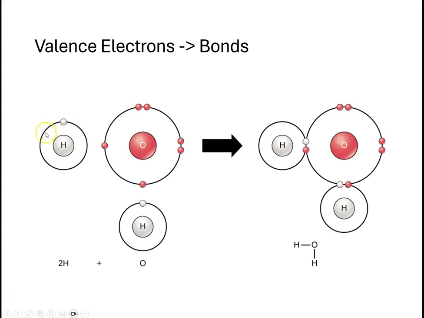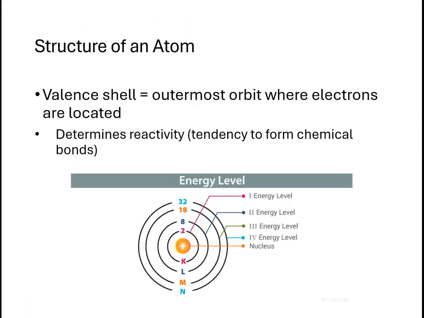Because that outer shell of electrons in the oxygen and in the hydrogen do not have the maximum number of electrons that could possibly be in that shell, they're pretty reactive. They want to find more electrons to form a bond so that they are more stable. That's what I mean by this determines the reactivity.